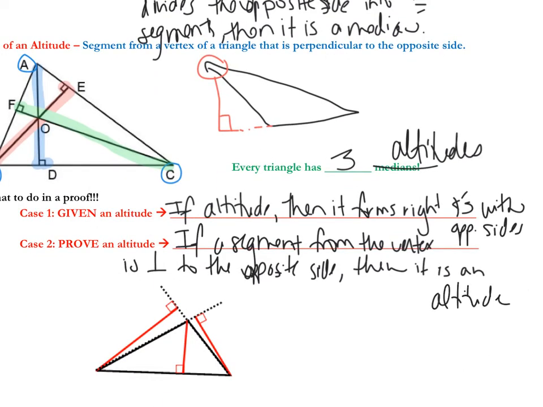And actually, below in the notes, you can see a diagram now, kind of what I was talking about before, that if you have an obtuse triangle, the altitudes are sometimes drawn outside of the triangle.